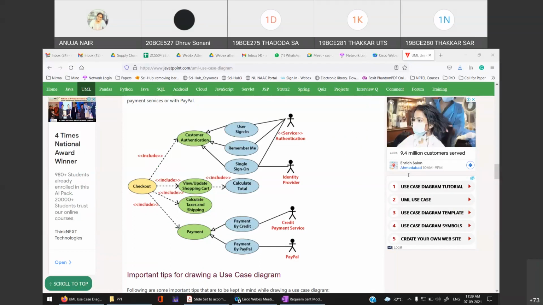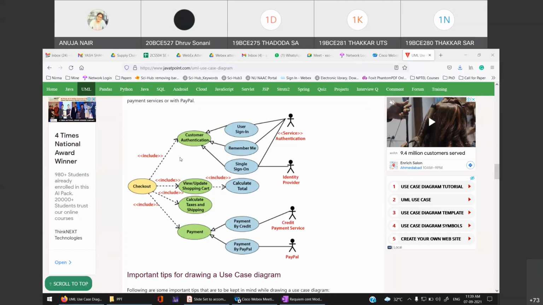Like more parent class for one child? No, that's not possible. This UML again is object oriented. So whatever concepts are there of object oriented programming, that will remain in UML as well.